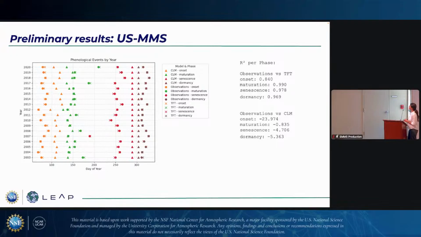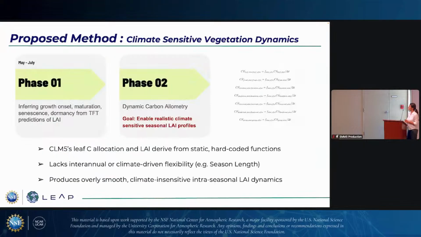And here are just some more figures. The R-squared for the CLM is negative, but we're hoping to have a better understanding of this performance and this bias across more biomes than just one.